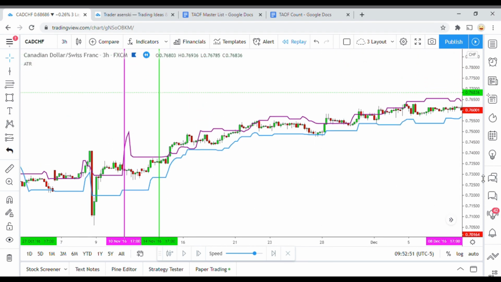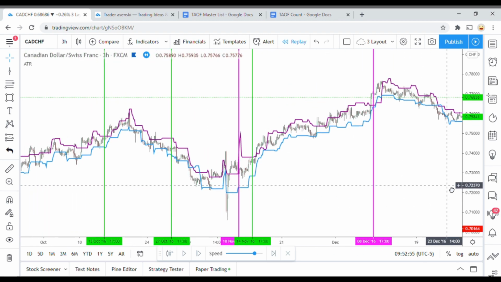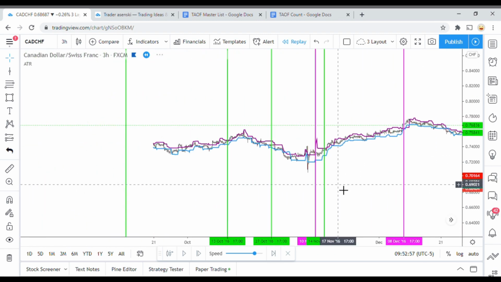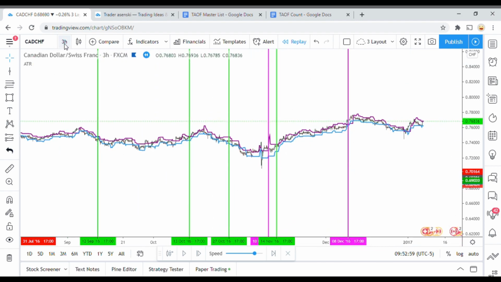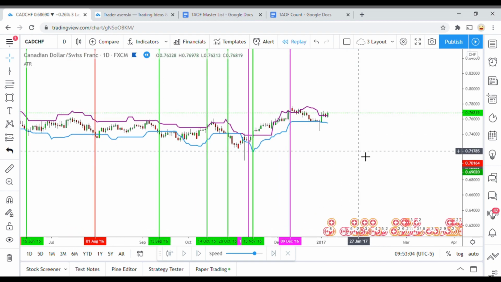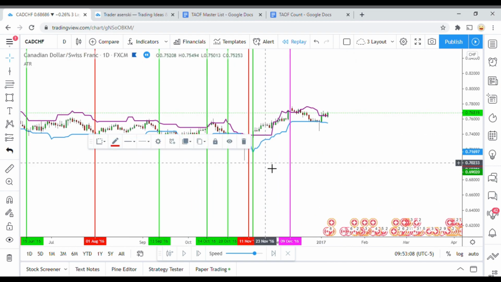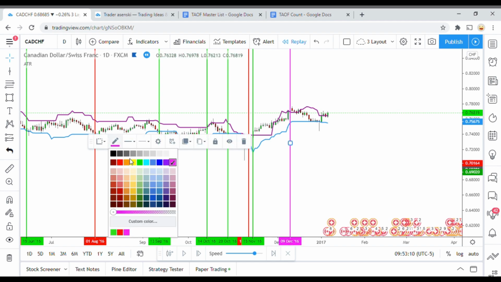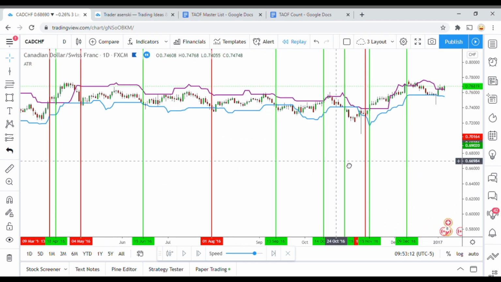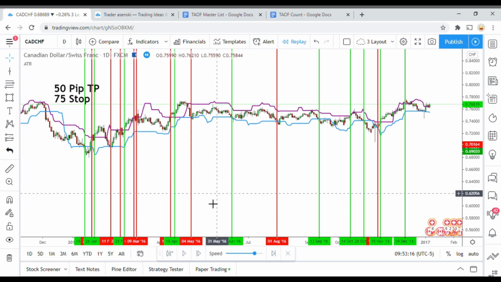So again, just something to be mindful of. Always be looking for different ways to use indicators, even if they don't necessarily work out in the way that we hope they will. You could definitely use indicators in different ways for different methods, different time frames, and so on.